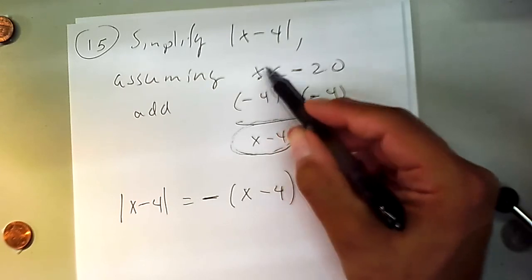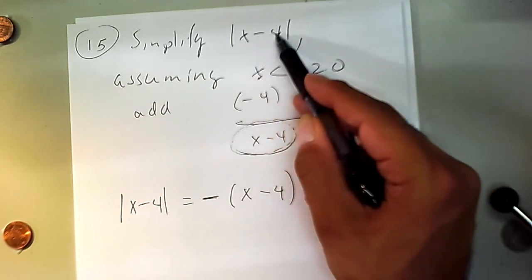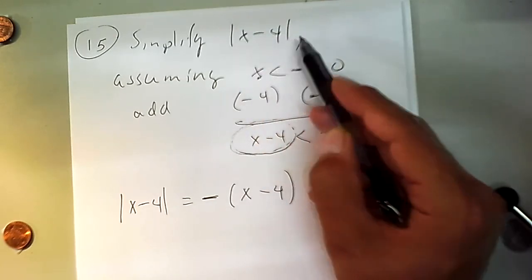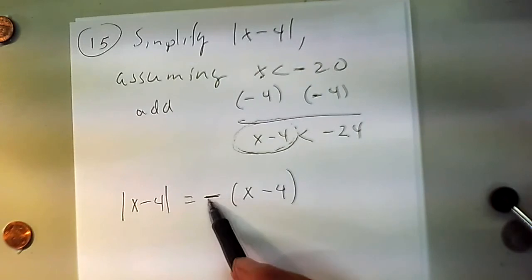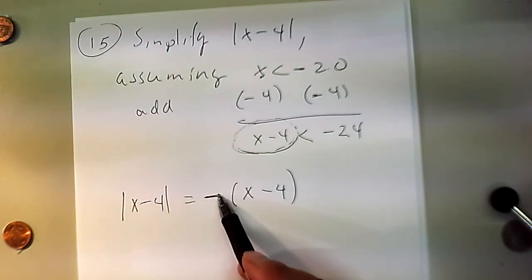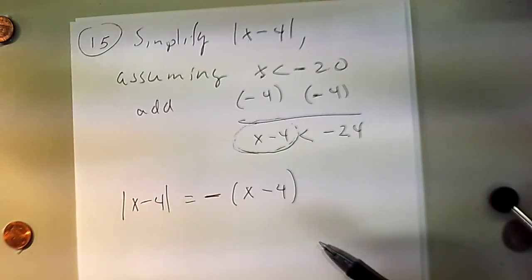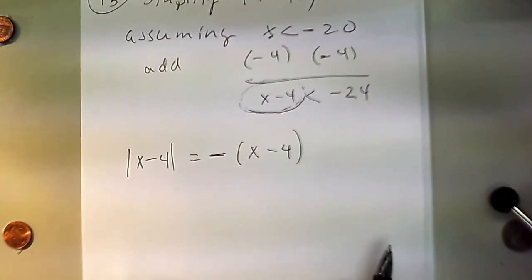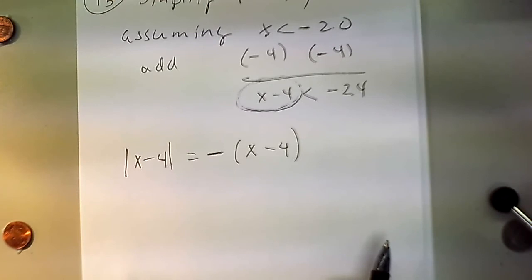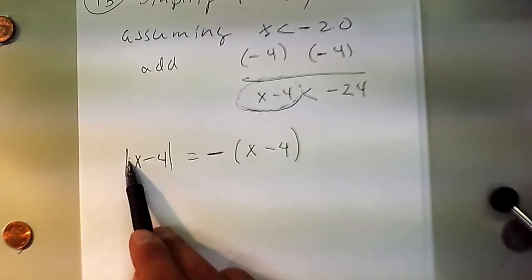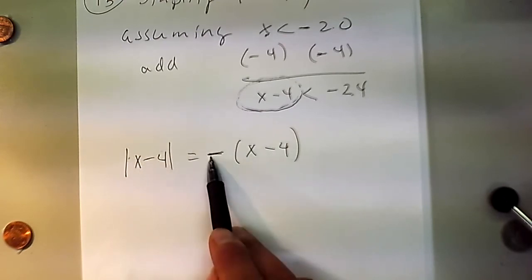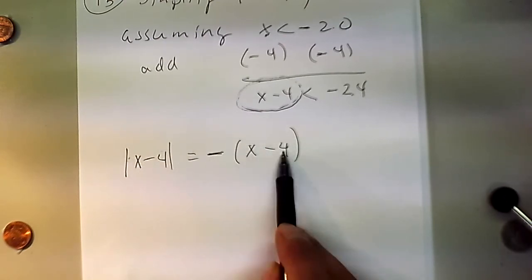So if this is negative 30 minus 4, we're going to end up with negative 34. What is the absolute value of negative 34? Well, if this is negative 34, if we put another negative in front of it, that's going to make it positive. I know this is a little confusing, but if we know that the quantity is negative to start with, the opposite of that quantity will be positive.